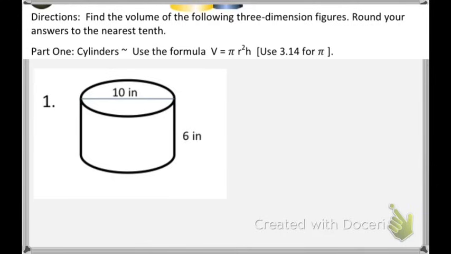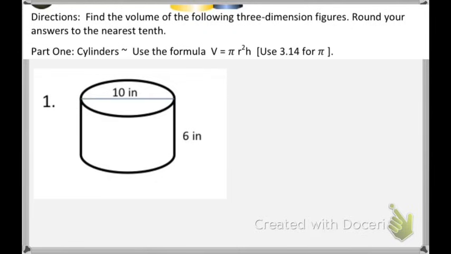You have a picture, and typically they'll give you your diameter or your radius and your height. Now, the diameter or the radius represents both the length, because it's how long the cylinder is, but it also represents the width because it's the same distance either way.